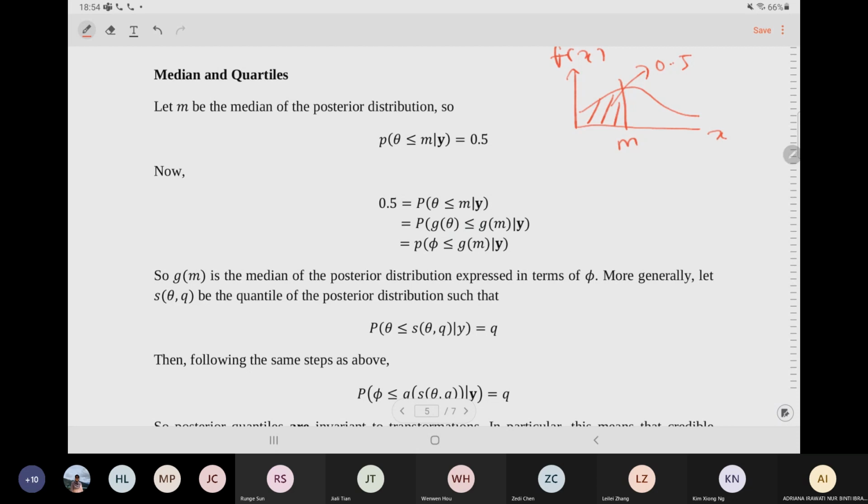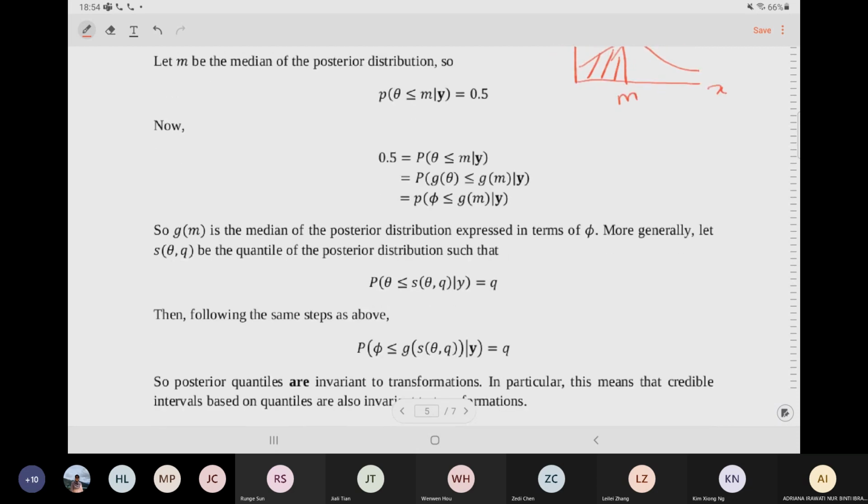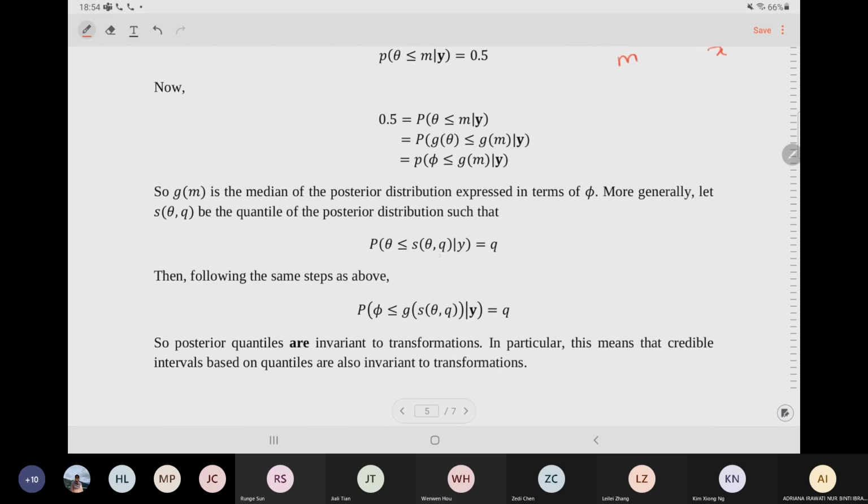So this means that if I have any quantile q, where the probability is q, so this is my s, and the probability of theta less than s is my q here.